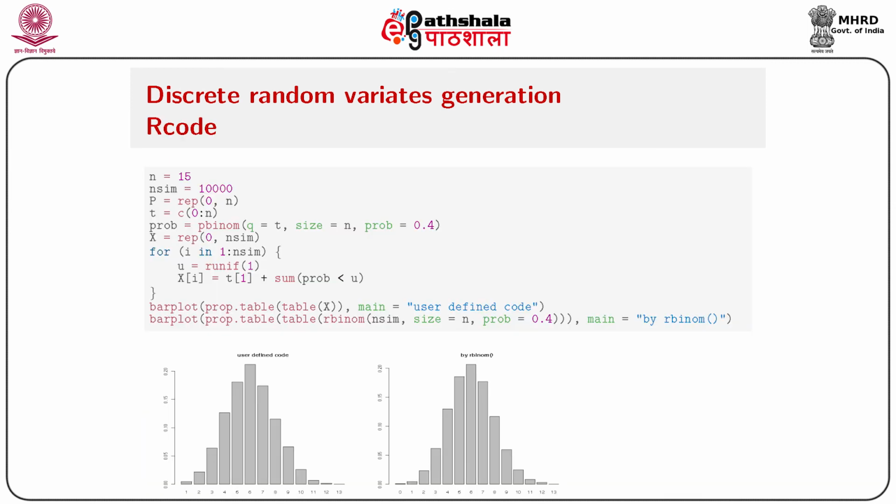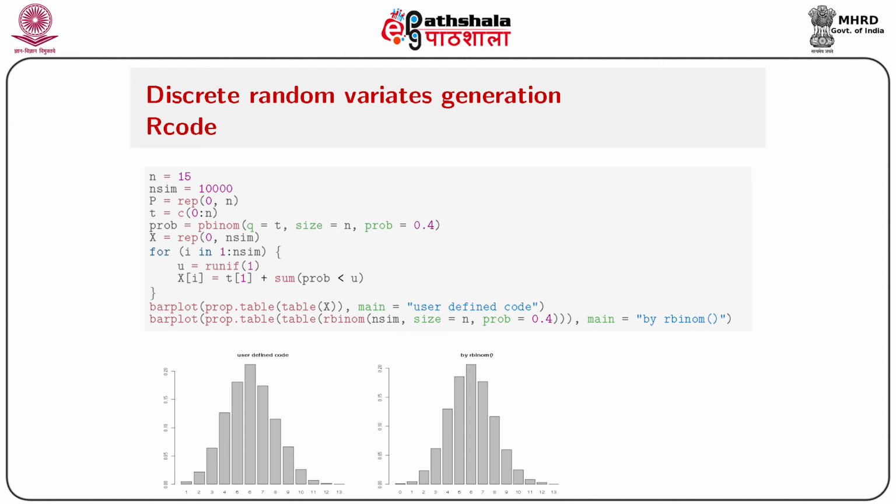If I see in R code, I'll define n equals 15. Suppose n is the first parameter of the binomial distribution, and p is 0.4 as I mentioned, and the number of simulations that I'm going to do is 10,000, and p is replicate 0 n because I'm going to assign the different probabilities.